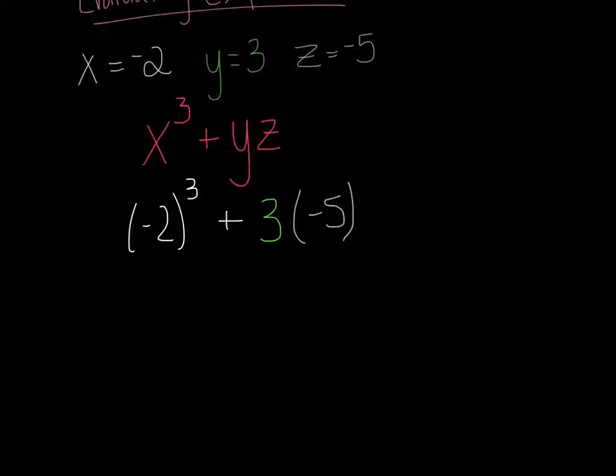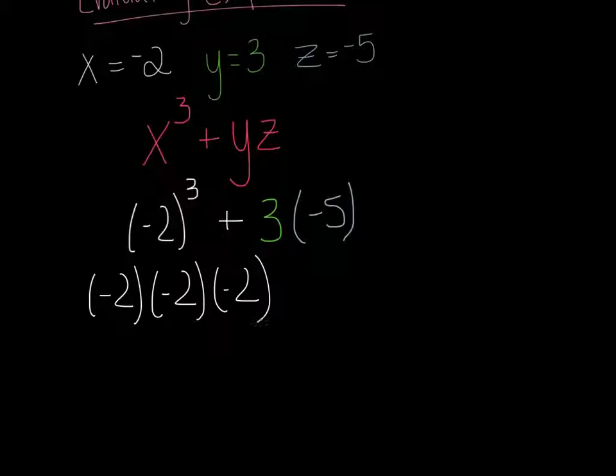Alright, order of operations tells me I need to take care of doing my exponents first. So -2 to the third power actually means that we're doing -2 times itself 3 times. So I'm doing -2 times -2 times -2. And then to that answer, I'm going to add the product of 3 and -5.